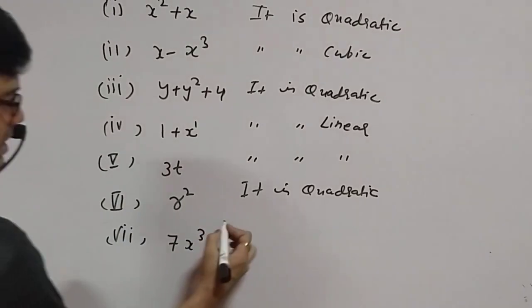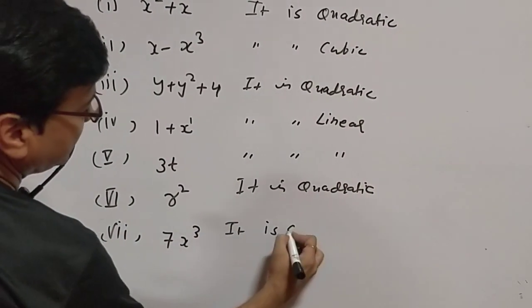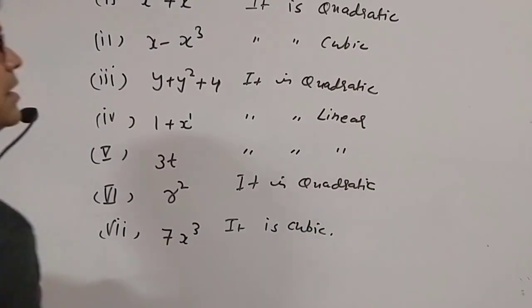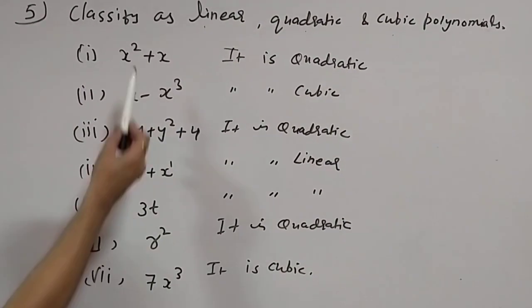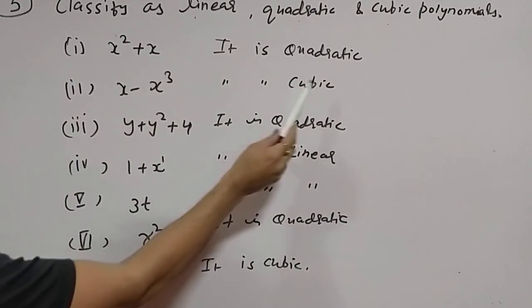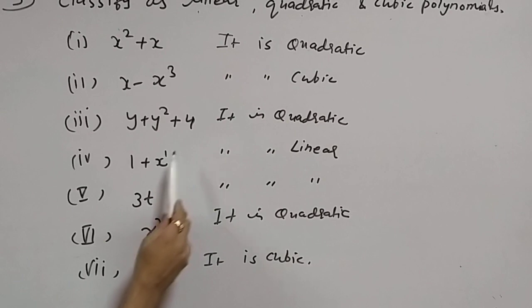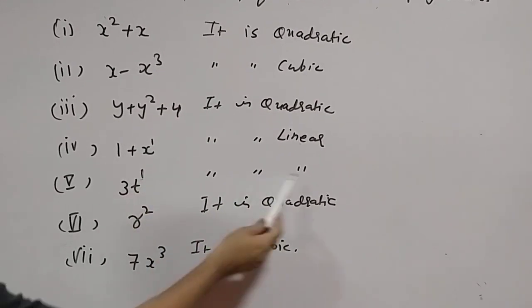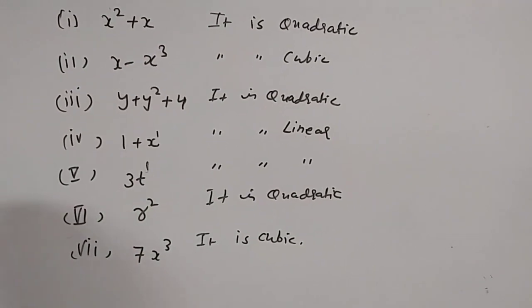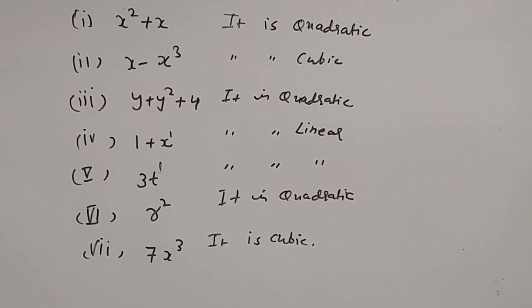Degree is 3. Now it is a cubic polynomial. So according to the degree you can find the type of polynomial. Degree 2 is quadratic, 3 is cubic, 1 is linear. So it's very easy.